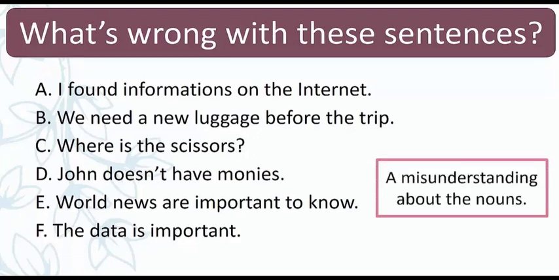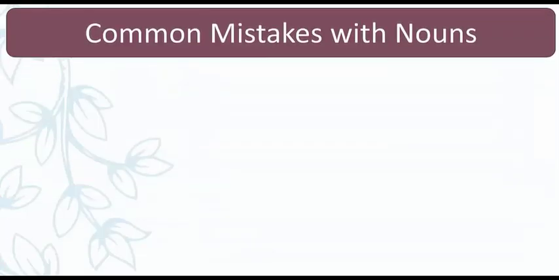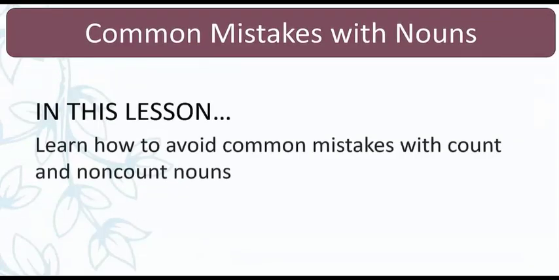Each of these sentences is wrong because of a misunderstanding about the nouns. You see them underlined in green. In this lesson, we'll learn how to avoid common mistakes with count and non-count nouns.